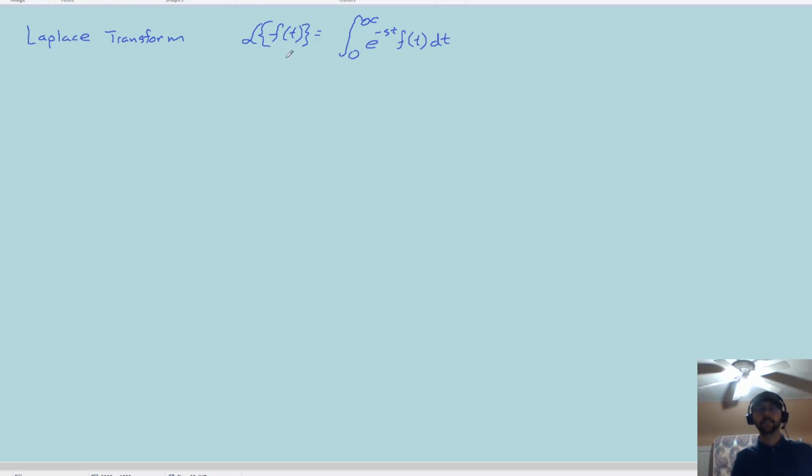And basically whatever your f of t is, whatever function you have, and in this case they can be differential equations, you plug that in here, and then you just solve this integral, and whatever you get will have s's in it and no longer should have t's, because after you compute the bounds from 0 to infinity, that's going to wipe out the t's. When it does that, you just have s's left as your variable, and you have some new function. And you can then use that to solve your differential equation.